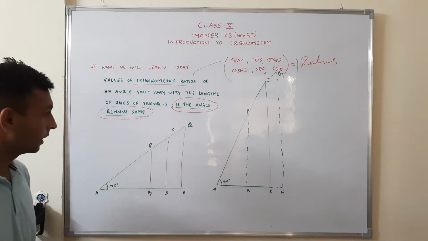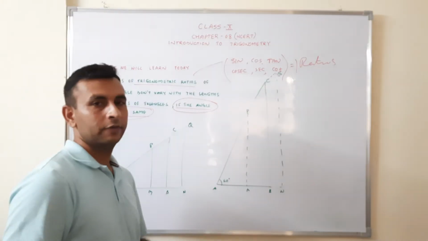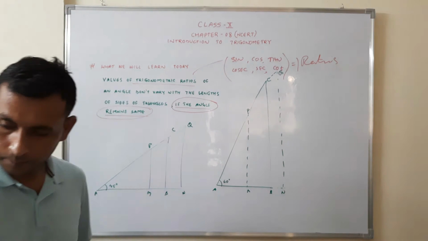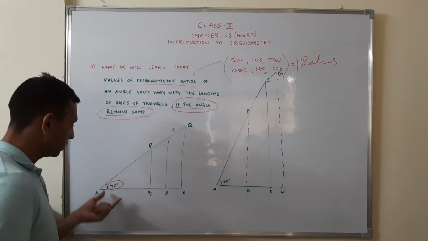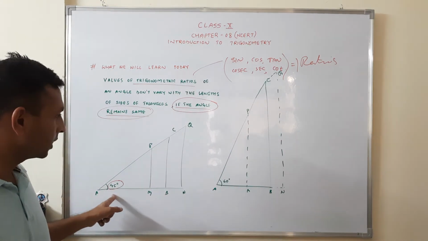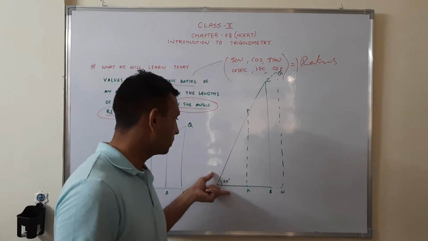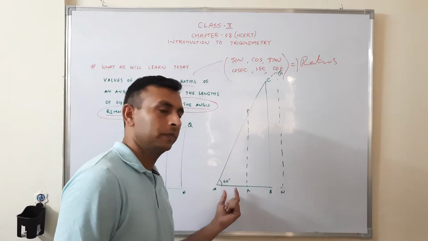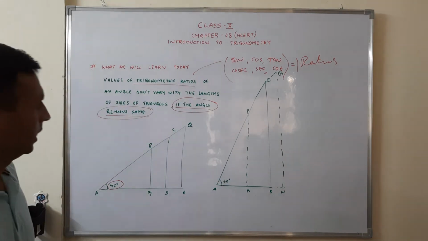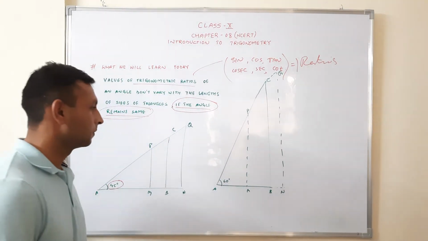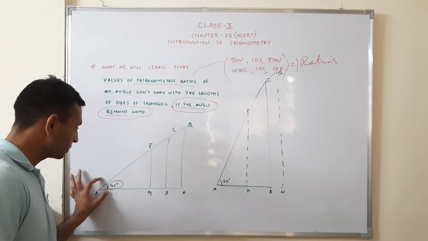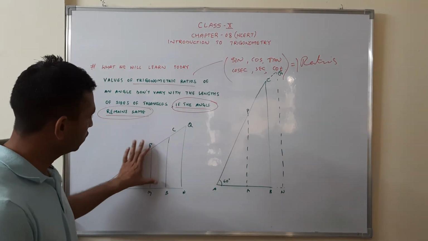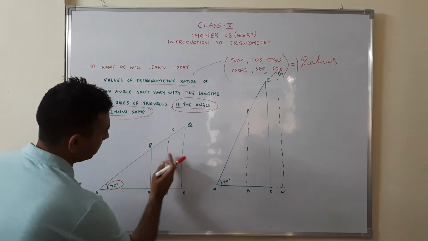Here I have drawn two different triangles in which the angles change. Here the angle A is 45 degrees and here angle A is 60 degrees. It is self-evident from the figure that when this is 45 and this does not change, the ratios will remain the same.